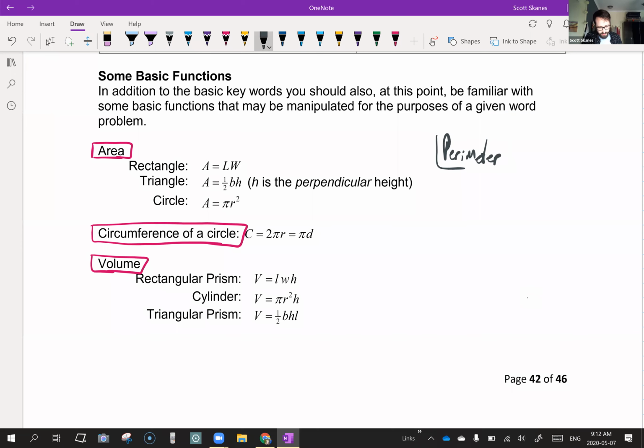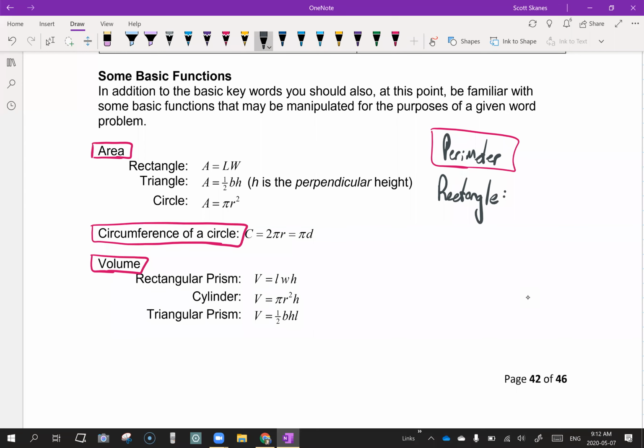I guess I should be consistent. Maybe I'll put it in my red. What's the perimeter of a rectangle? 2W plus 2L.